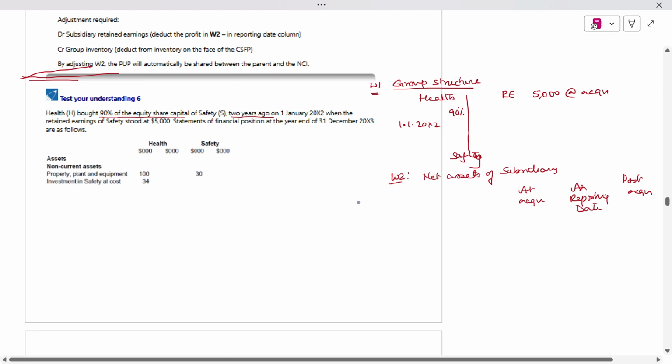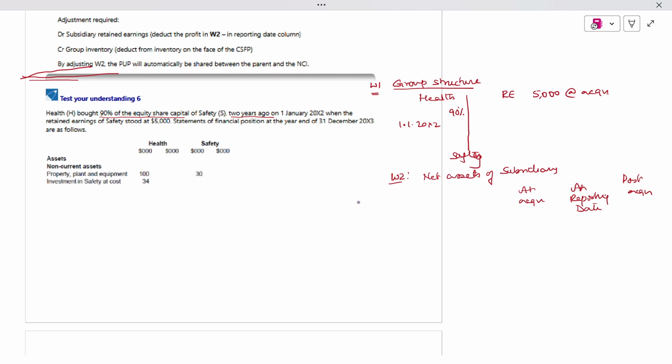Next, what is there? How much is the share capital? Share capital is 5. Till now we have not seen any time that the share capital has been changed.